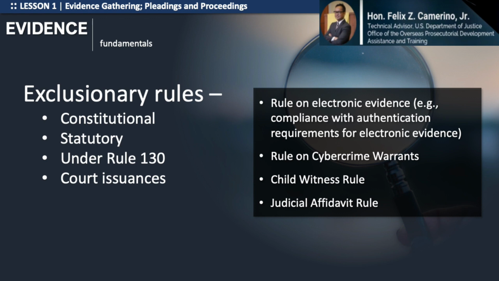And the rules on cybercrime warrants hinge off of the Cybercrime Prevention Act, which is a fairly recent law. For example, the rules on electronic evidence talk about compliance with authentication. That's you proving essentially that a particular piece of electronic evidence is exactly the evidence that was collected, so it's authentic. So there are some rules on how we provide that authentication.